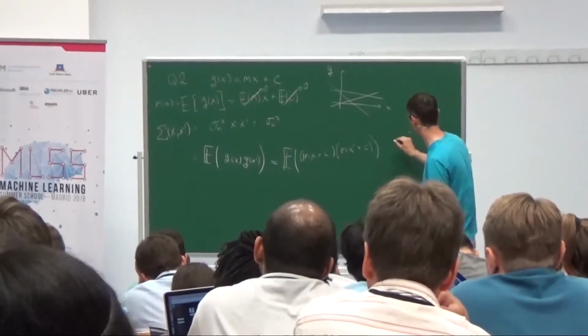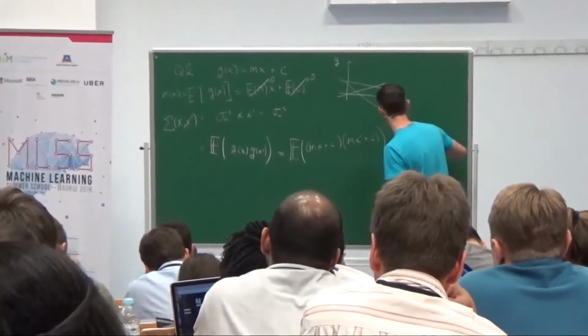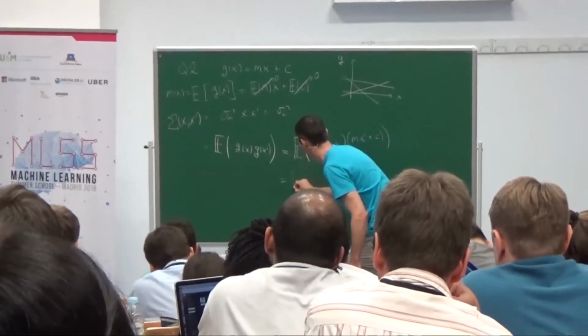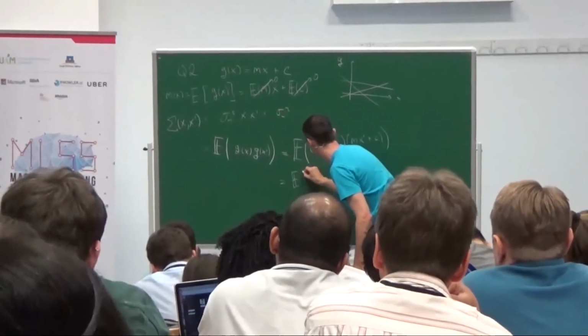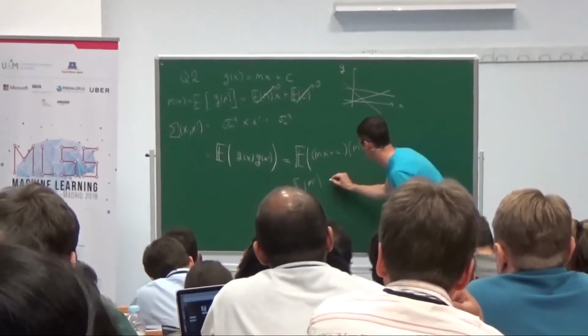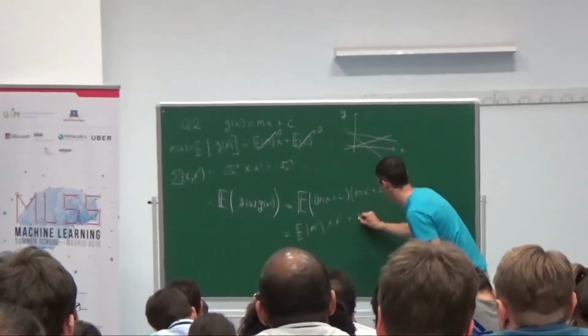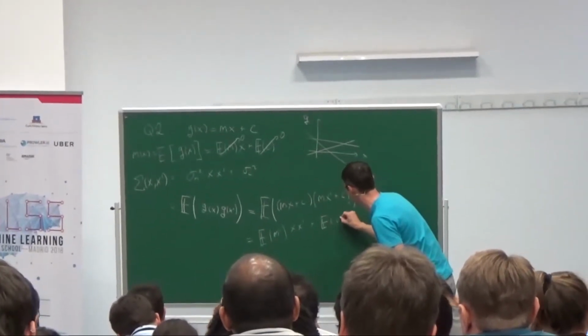And again, we can do a really similar trick that we did at the top of that whiteboard, right? Let me just do it below because I don't have space. There's the bit involving m. So the expected value of mx times mx prime. There's c hitting c, expected value c squared.